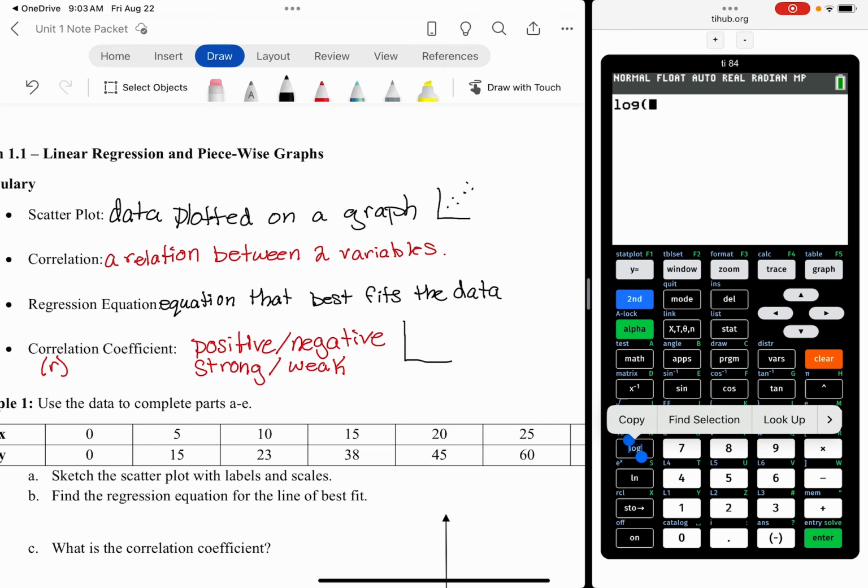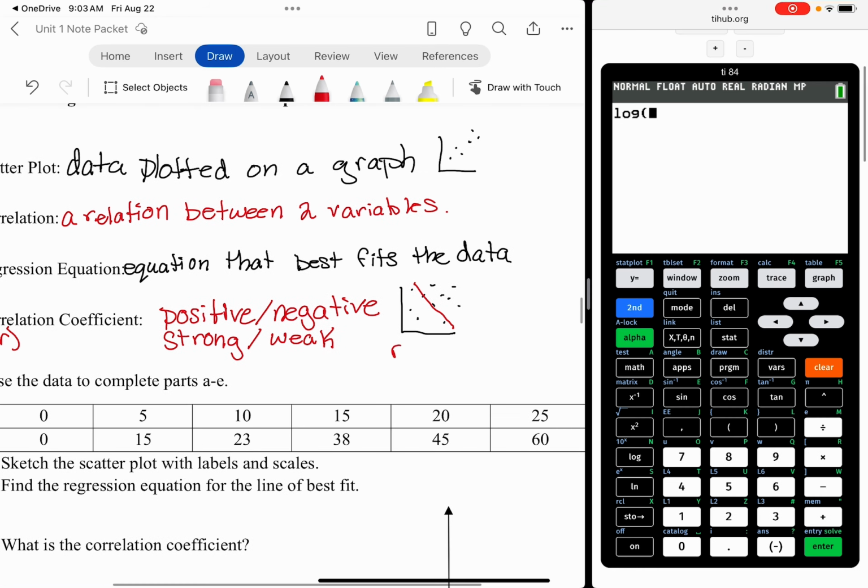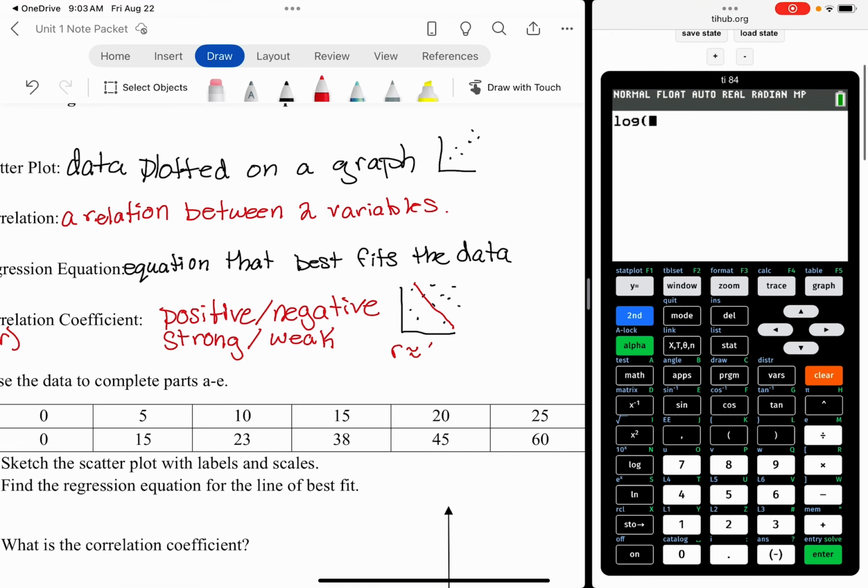So here is an example. So let's just do a bunch of plots like this. In this example, your R value would probably be something like negative 0.1.